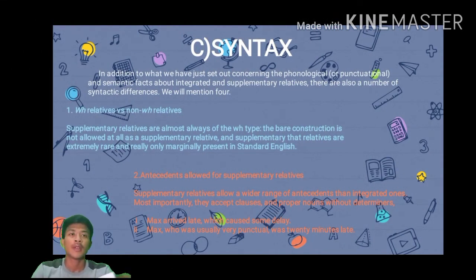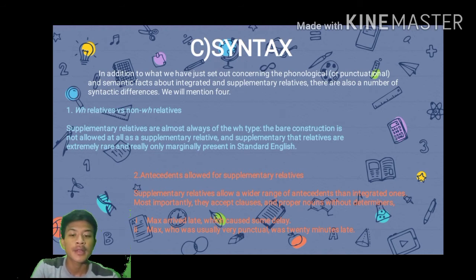Okay, now we continue our topic about syntax. In addition to what we have just set out concerning the phonological or punctuational and semantic facts about integrated and supplementary relatives, there are also a number of syntactic differences. We will mention 4.